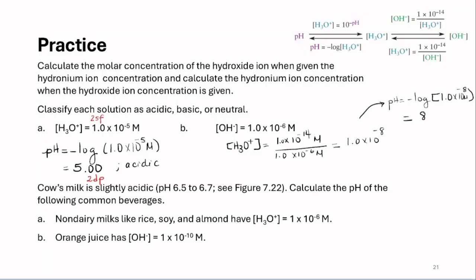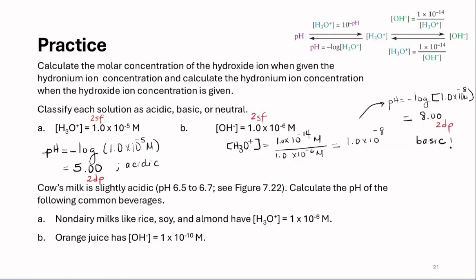But since my original concentration had two significant figures, the correct answer in terms of sig figs is going to be 8.00, because if my concentration has two sig figs, then my pH must have two decimal places. When we have a solution of pH 8.00, that means that my solution is basic.